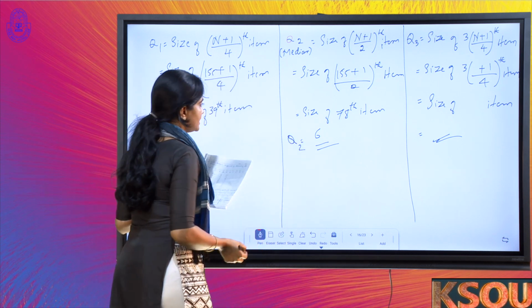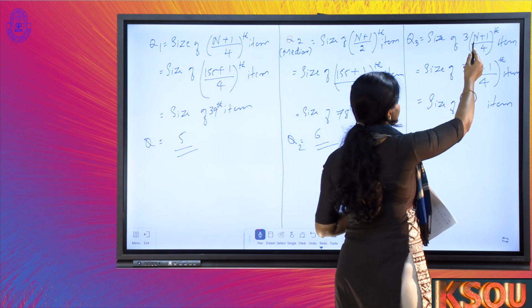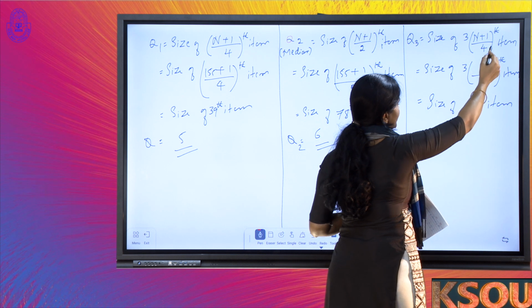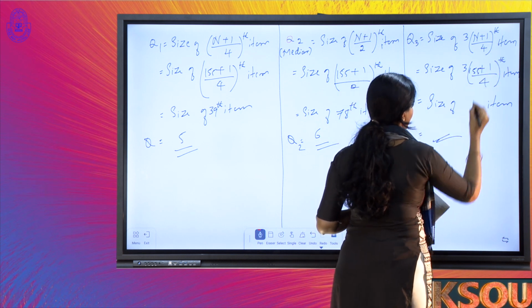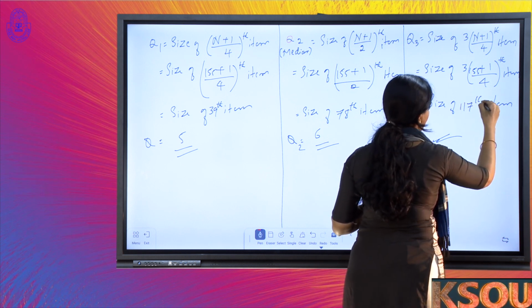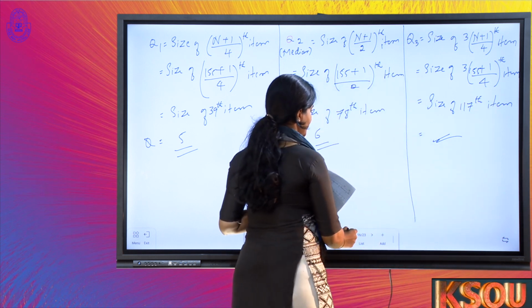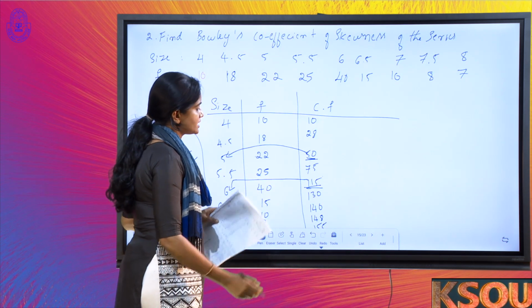Let us calculate the Q3 value. So, for that you will be having formula size of 3 into capital N plus 1 by 4th item, take 3 into N plus 1 by 4, with N as 155, you will have to get the value is 117th item. So, here you will have to find out just greater than 117.